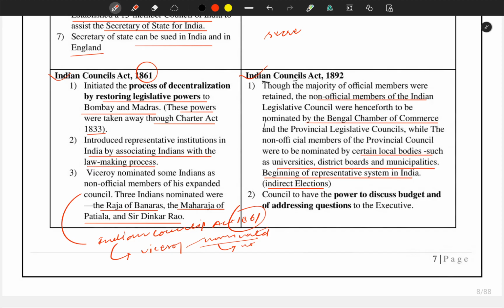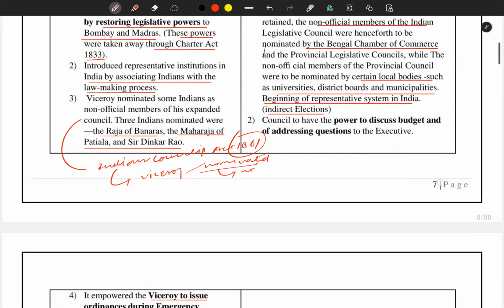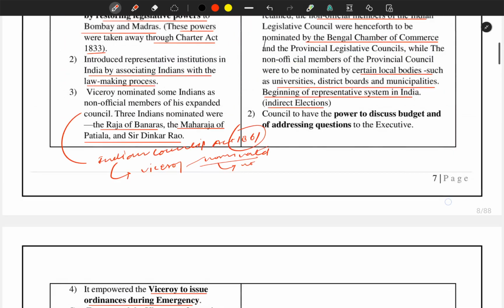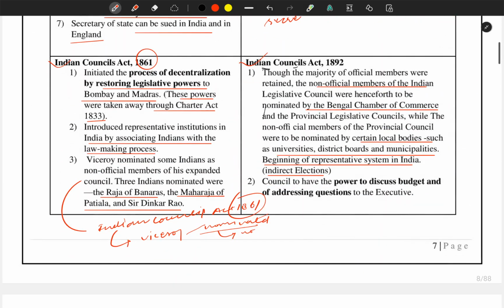On the other hand, the non-official members of provincial legislative councils were nominated by certain local bodies such as universities, district boards, and municipalities. This Indian Council Act of 1892 introduced the representative system in India. Indirect election is also introduced by this act.